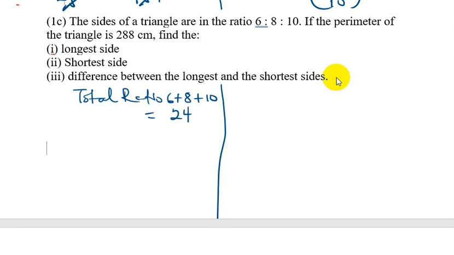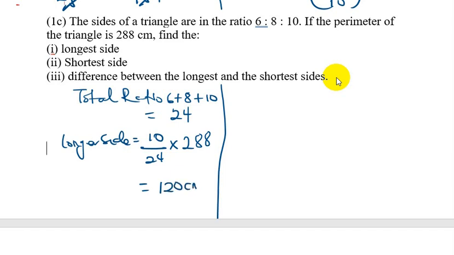For the longer side, we are going to take the highest number. That will be the longer side. So the longer side is going to be 10 over 24 times the perimeter of the triangle, that is 288. When we cancel out, we get 120 centimeters.